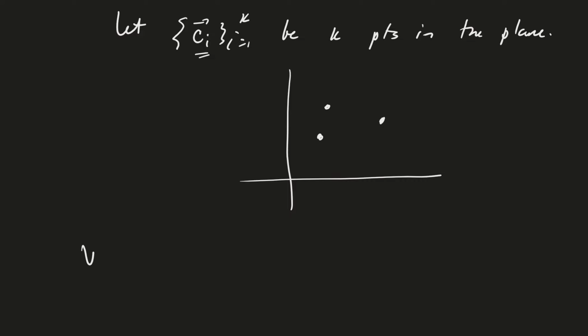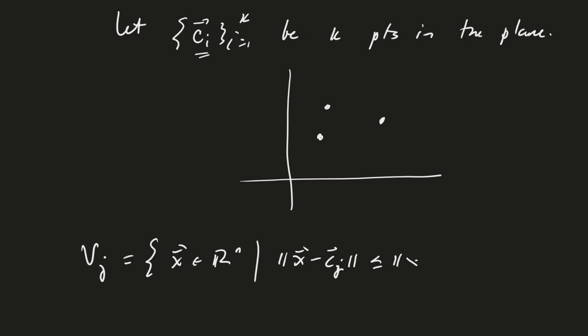So Voronoi cell v sub j is defined to be the set of x in Rn such that the distance between x and cj is less than or equal to the distance from x to any other center, ci, for i equals 1 to k, however many centers you've got.